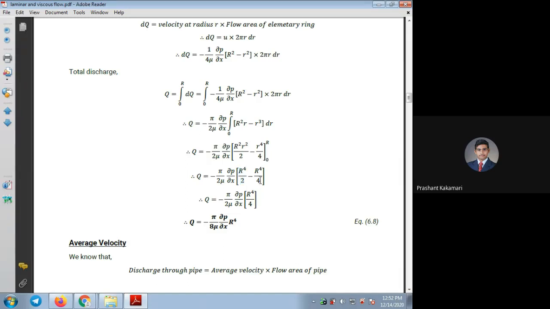These are the terms after integration. The left side are the constants and inside the bracket are the variables.